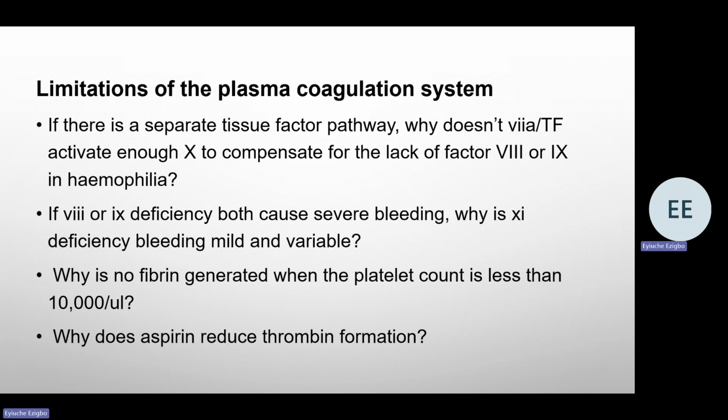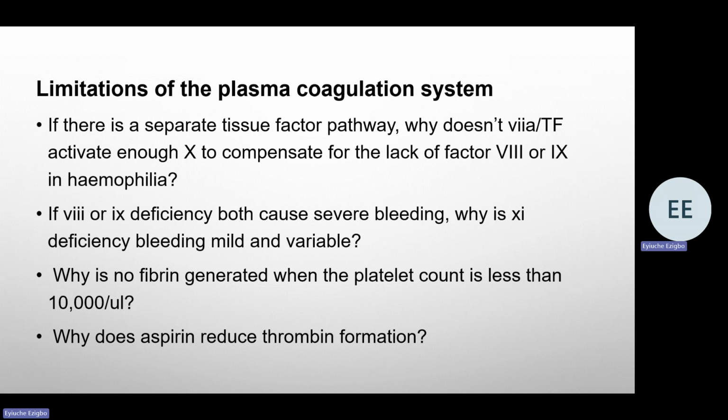It does not, and patients with hemophilia are predisposed to hemorrhages. So that is a deficiency: drawing a line between intrinsic and extrinsic may not really show the full picture of what is happening.